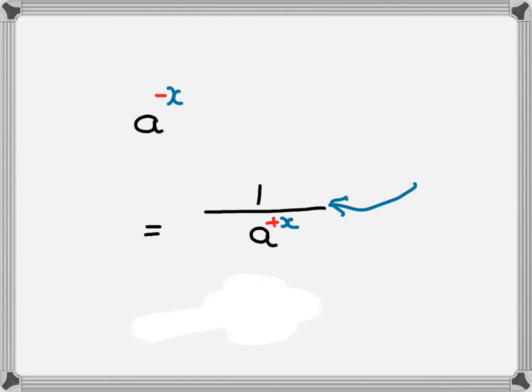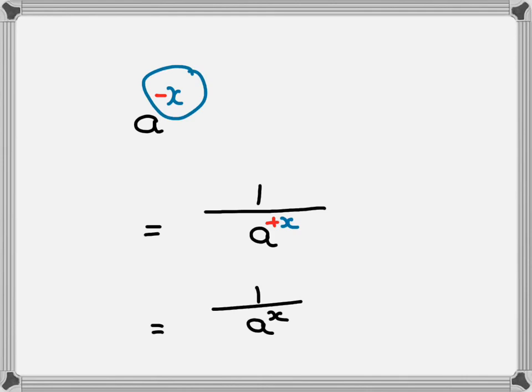So that has now turned our exponent into a plus, which, if you were to take the plus sign away, looks like that: 1 over a to the positive x. So that is how you change something that is in the numerator with a negative exponent into a positive exponent. You put it as a denominator and you change the sign.